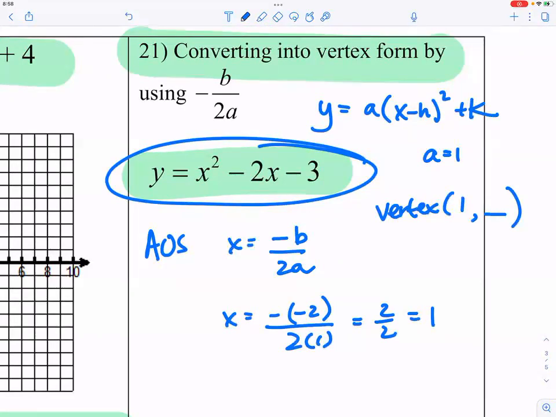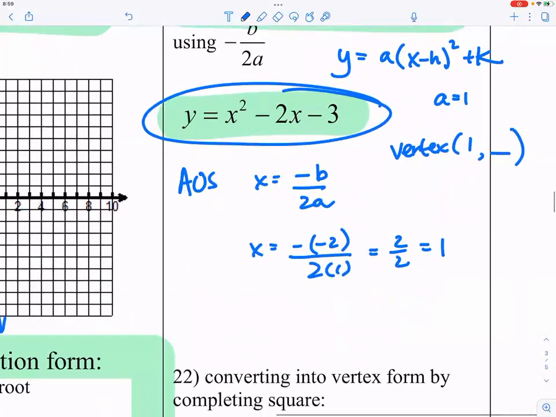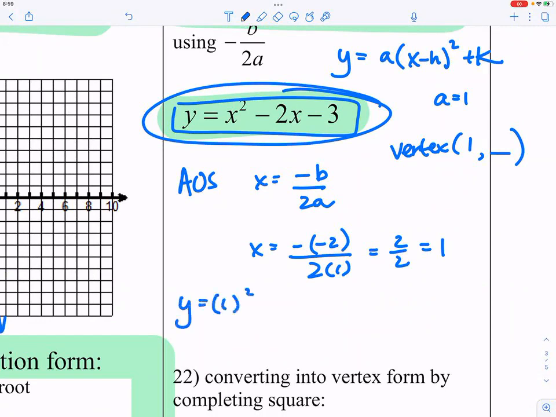1 comma what though? How do you know? Yeah, so we can put the 1 back in the original equation, because since we know there's a point on the graph with an x value of 1, then the equation will definitely give you the y value.